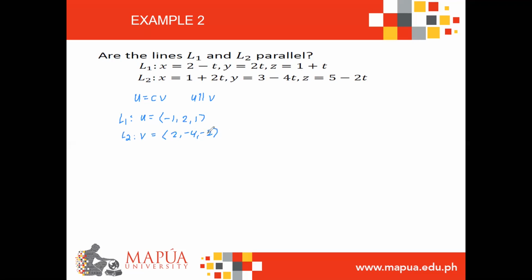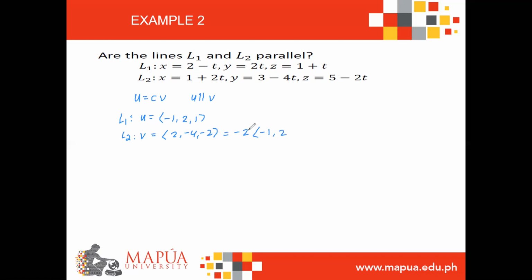So we can factor out a common number here, let's have it as -2. Then we're going to divide each component by -2. So 2 over -2 is -1. -4 divided by -2 is +2.